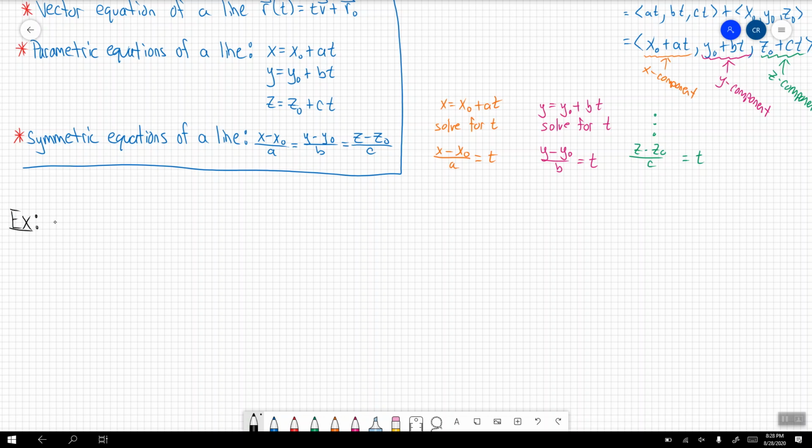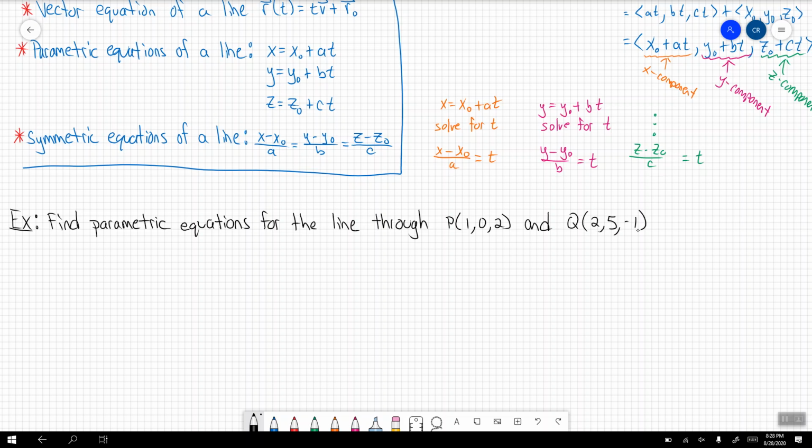So for this example, we then want to find the parametric equations for the line through the point P, which is given by coordinates 1, 0, 2, and Q, which is given by 2, 5, negative 1.